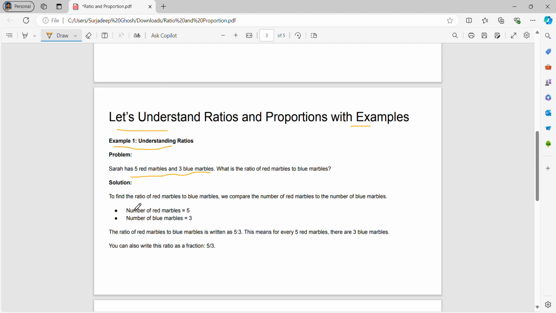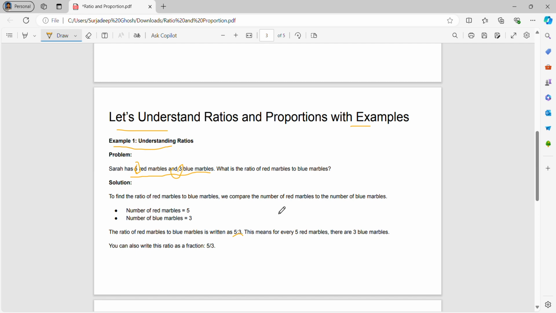To find the ratio of red marbles to blue marbles, we compare the number of red marbles to the number of blue marbles. How many red marbles are there? It is 5. And how many blue marbles are there? It is 3. So what should be the ratio? It is very basic. It will be 5 is to 3. A very basic problem.